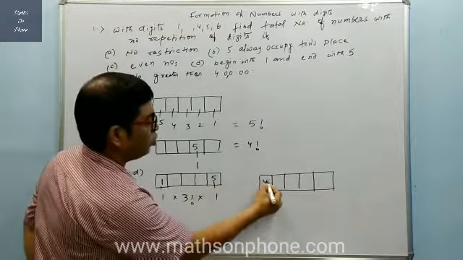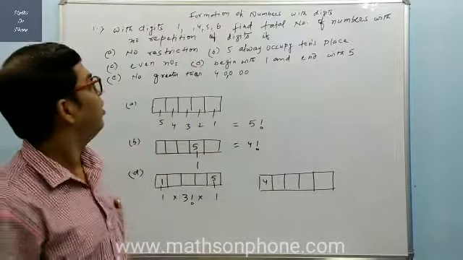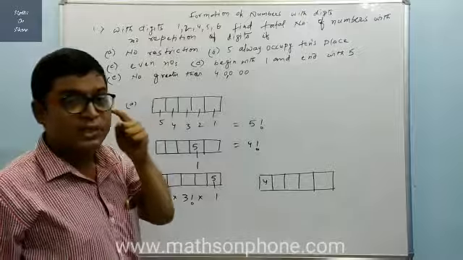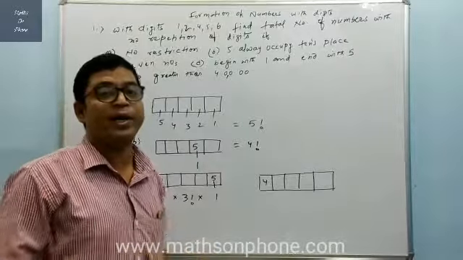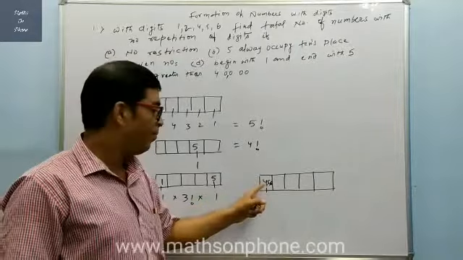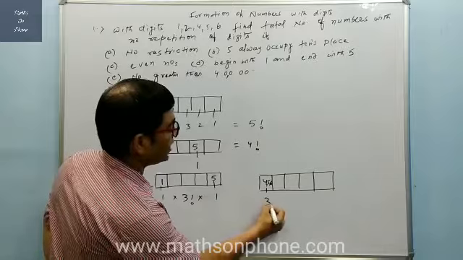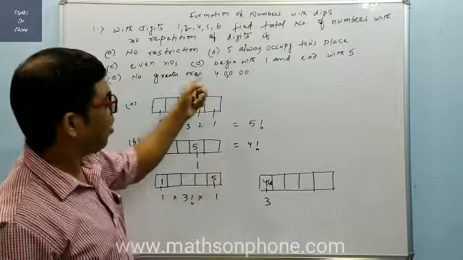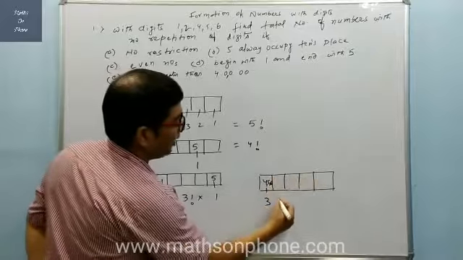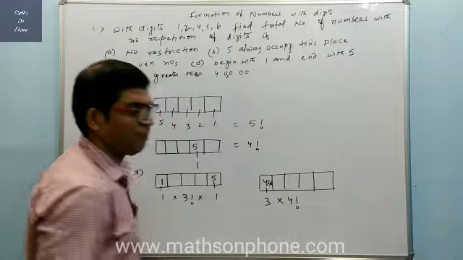This place should be filled up with either 4, 5 or 6. Then only it will be greater than 40,000. So this place can be filled in 3 ways. One digit has been used, and the remaining 4 digits can fill up the remaining 4 places in factorial 4 ways.